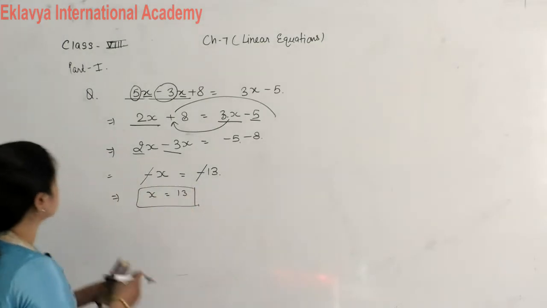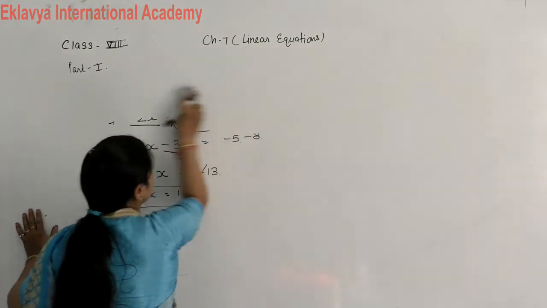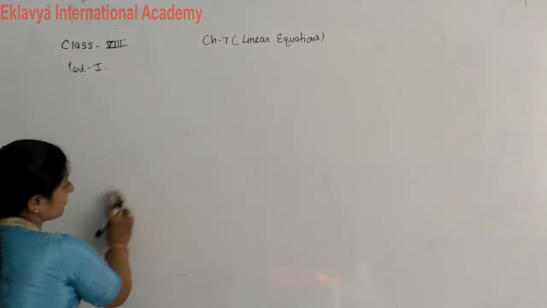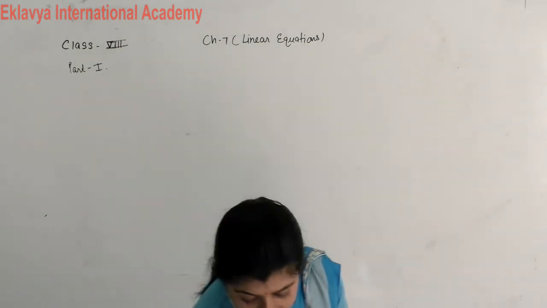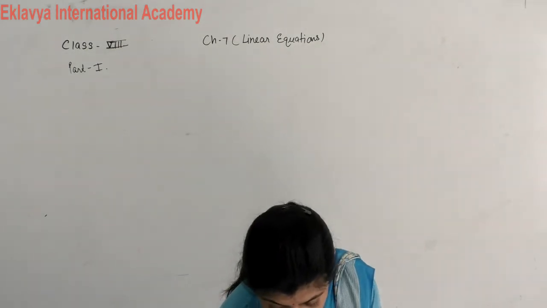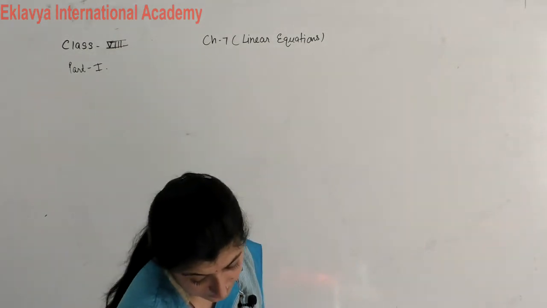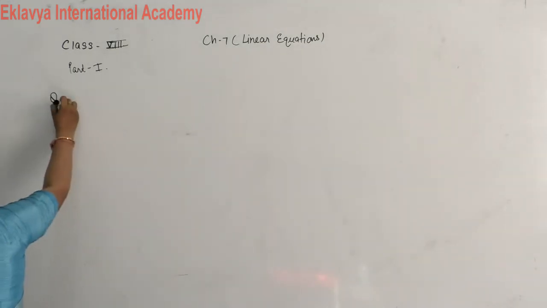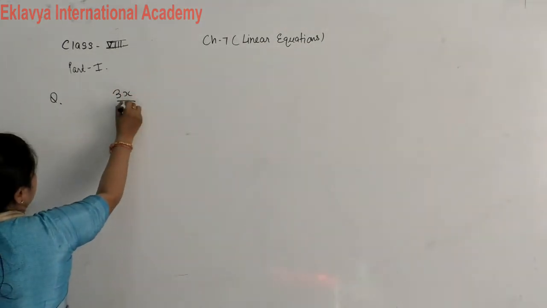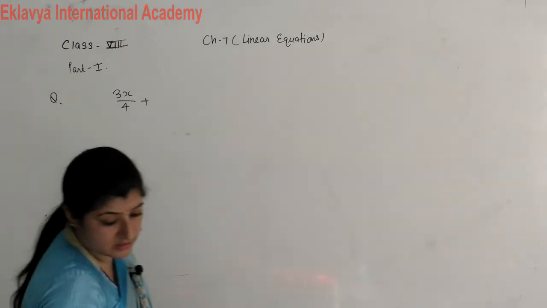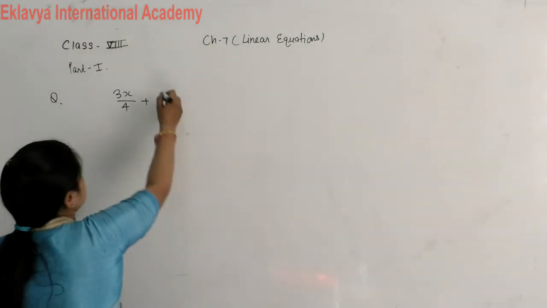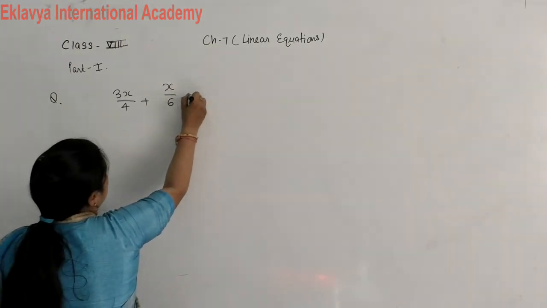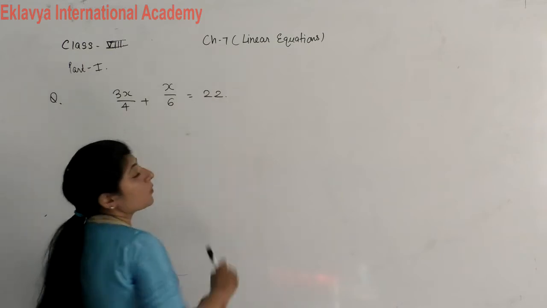Okay, we will solve some more examples from your book. x divided by 4 plus x divided by 6 is equal to 22.